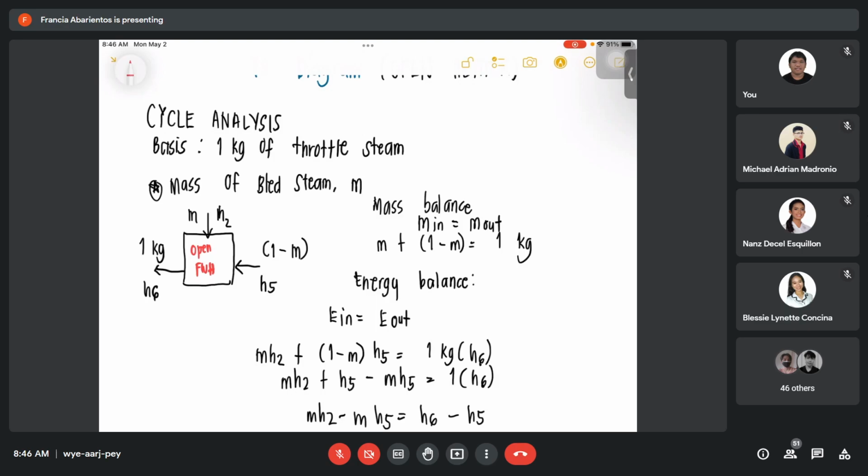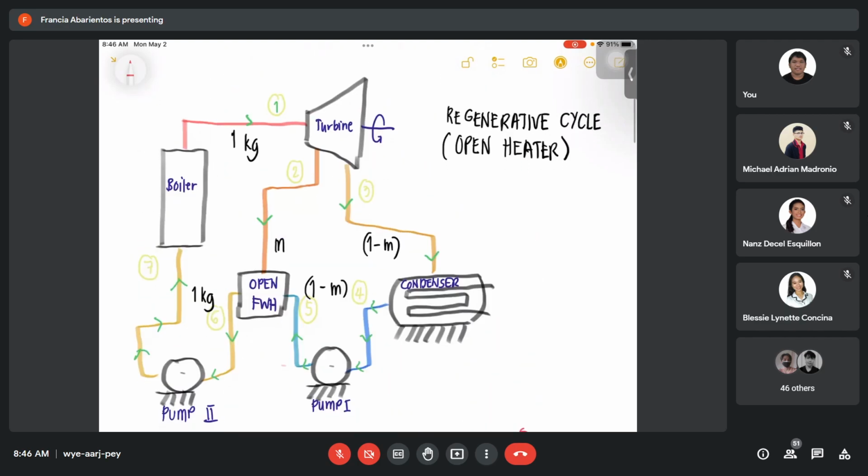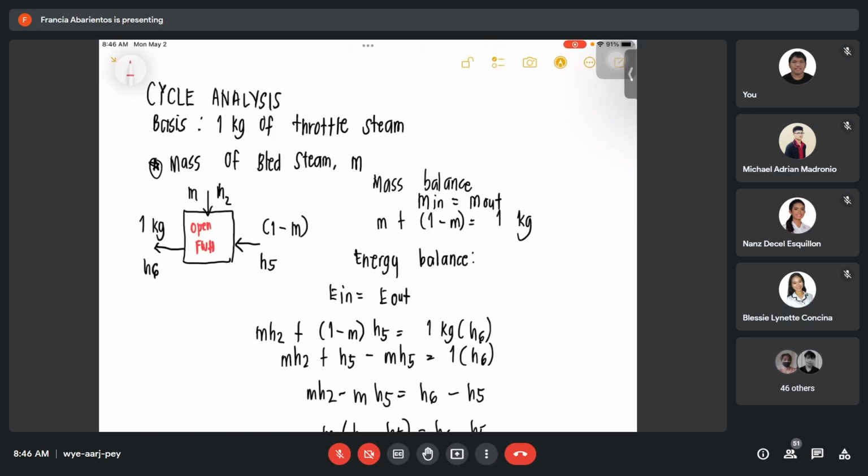From here, right, class, up here, this is the part we are considering, the open feed water heater. The entering mass M plus 1 minus M is equal to 1 kilogram, if that is going to be our basis.